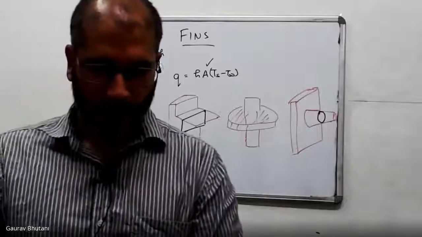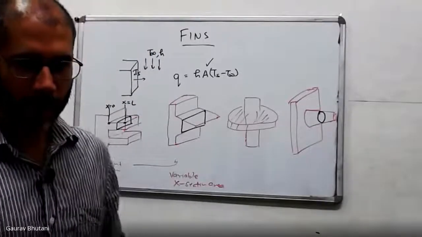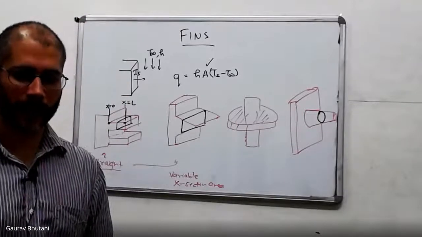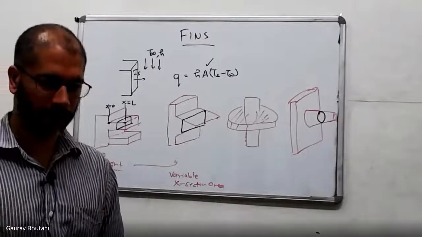And again, the choice of fin ultimately is about cost in most cases. It depends on the space it takes, the weight of the fin, and of course the cost of the material.